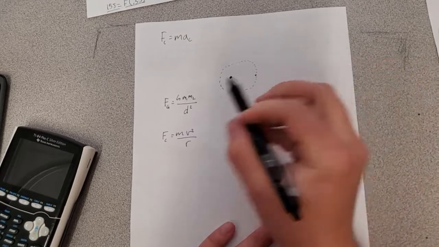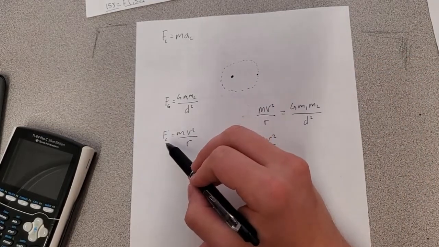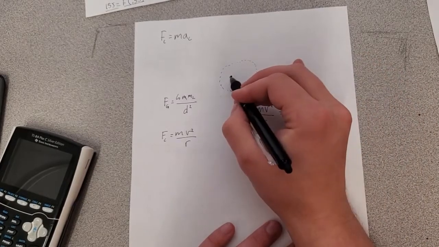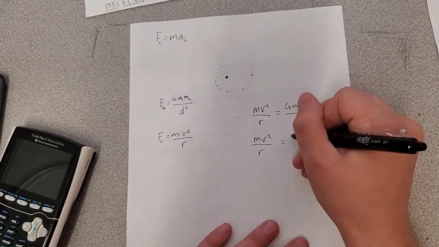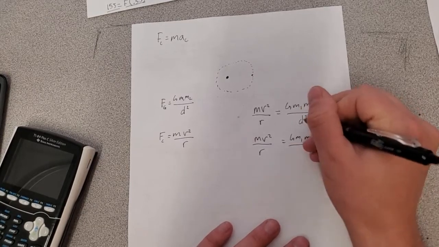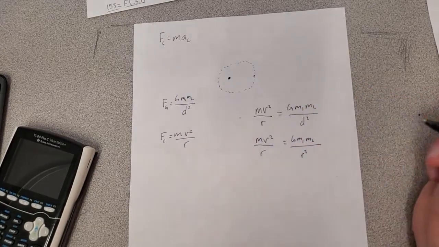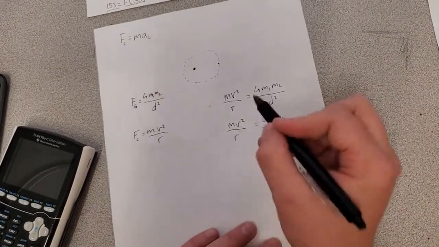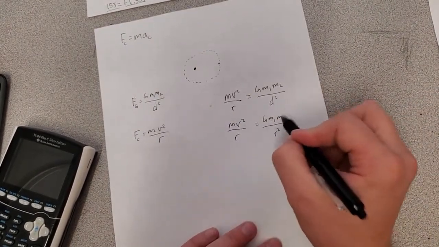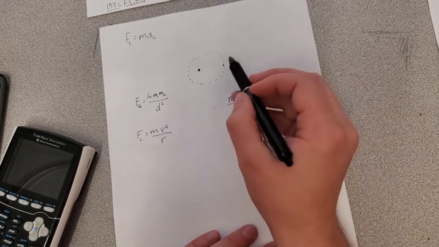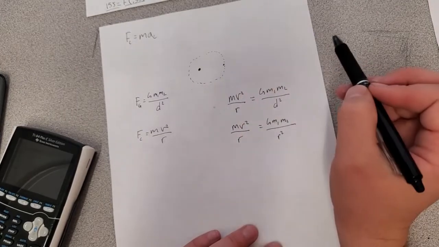Remember, r, when we're talking about centripetal force, is the radius at which we're going around, and that radius is equal to the distance from the center of gravity to the object. I can't emphasize that enough. We're simply changing this into r squared, and it is exactly the same. Now we have a mass here, a mass here, and a mass here. Let's say that mass 2 is the mass of Earth orbiting the sun.